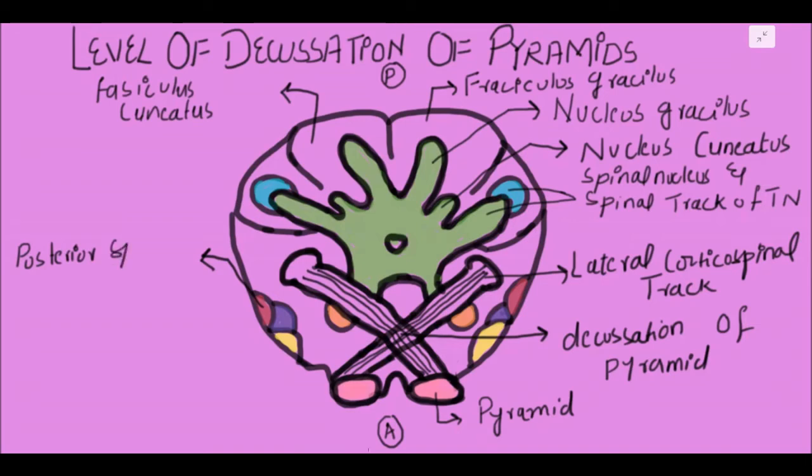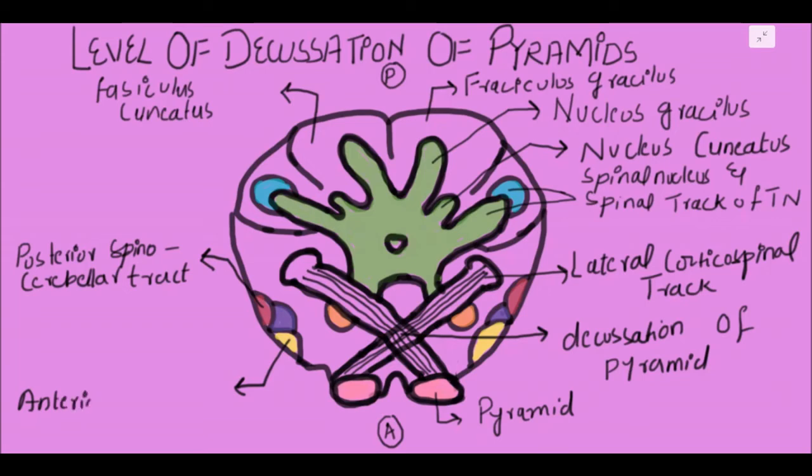The other one, the yellow colored here, is the anterior spinocerebellar tract.